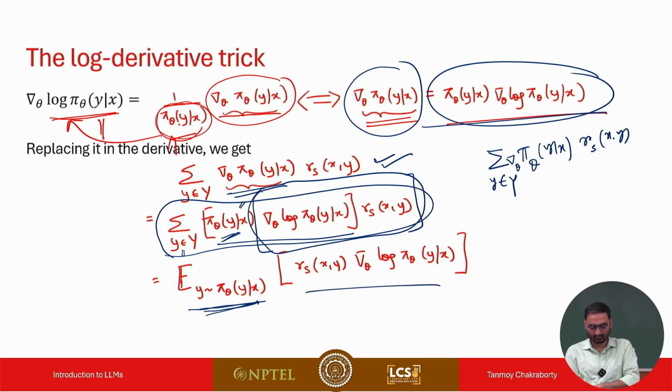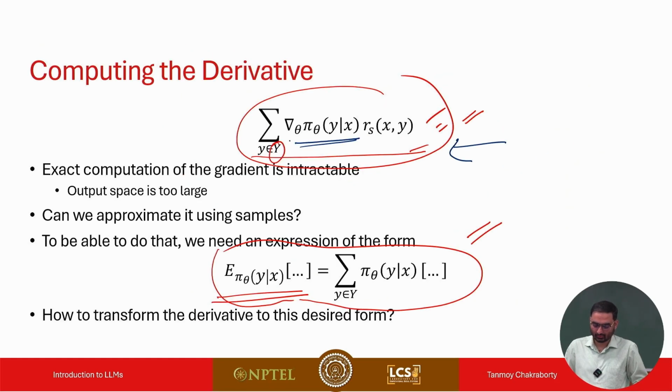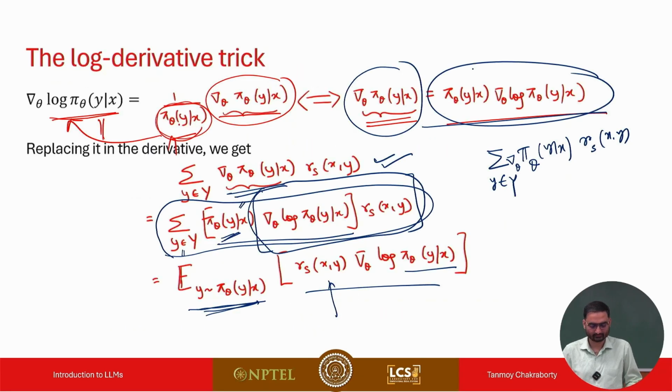Essentially you sample a y from the policy model, then the reward of that y, and then the derivative of the log of the policy. This is the expression I wanted to get, and from here, I got it.